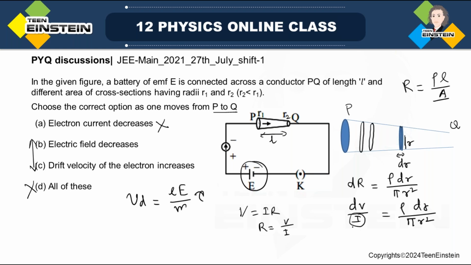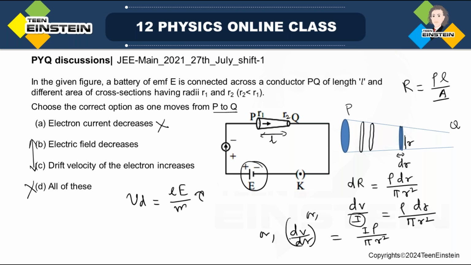Now look what I'm writing here. See, dV dr, I have, see, I can write this in terms of this also. So dV dr, just take magnitude, okay? Then I can write this as I rho by pi r square, right?